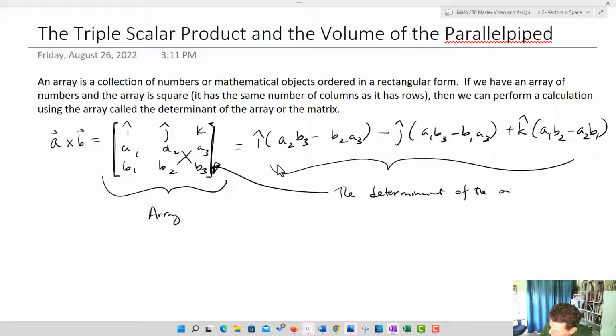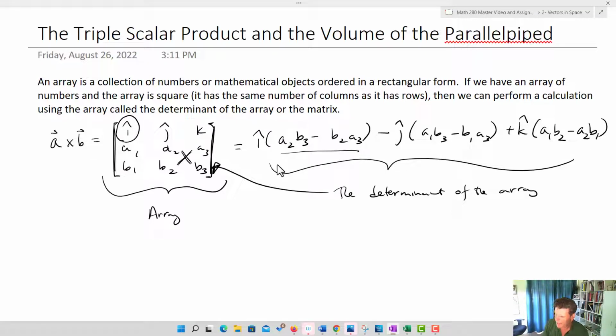So what we do when we find the determinant of an array that is 3 by 3 is we start out with the top left-hand corner and we multiply it by basically the cross product here, the A2 B3 minus B2 A3, not the whole cross product, but just that crossing.